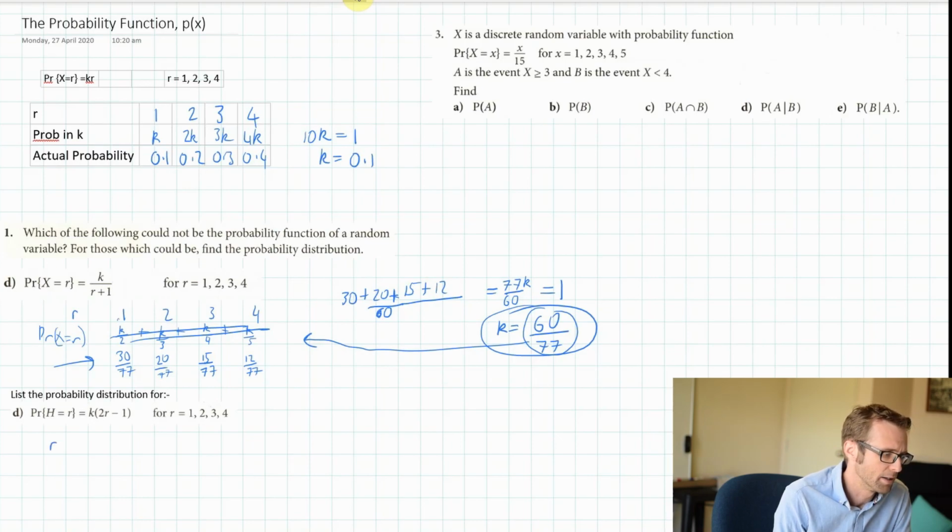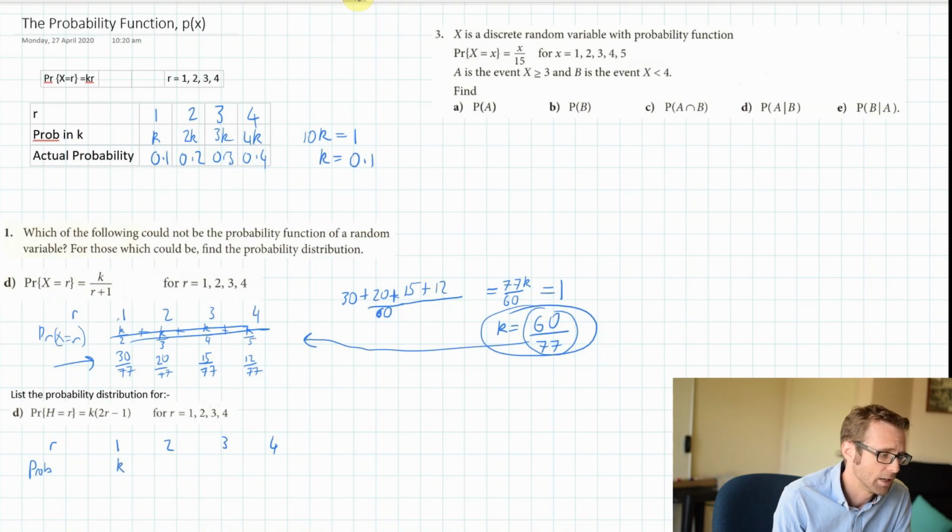We've got r, we can have 1, 2, 3, or 4. And we know that the probability will be k times, in this case, 2 times 1 is 2 minus 1 is 1. So we're going to have k here.